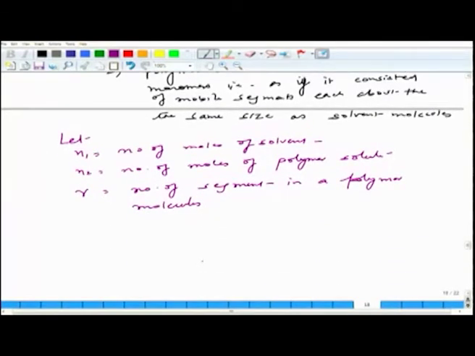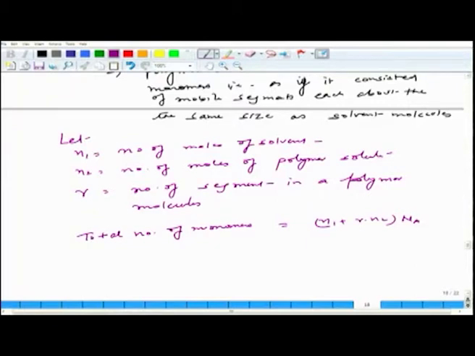Given this, what is the number of monomers? That will be N1 plus r times N2, and this is the number of moles. So, we multiply by Avogadro number, and that would give the total number of monomers.